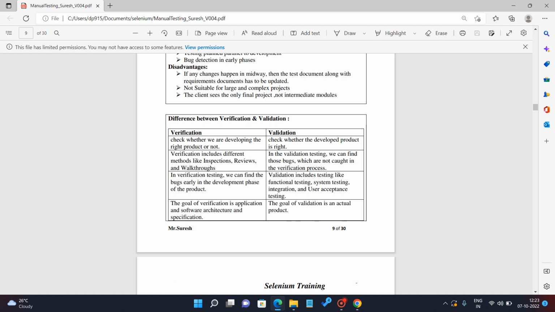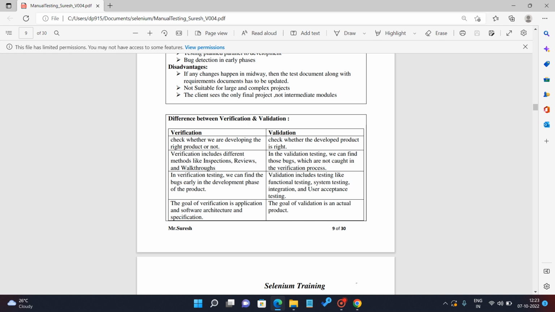Verification is done by the developer, and validation is done by the tester.